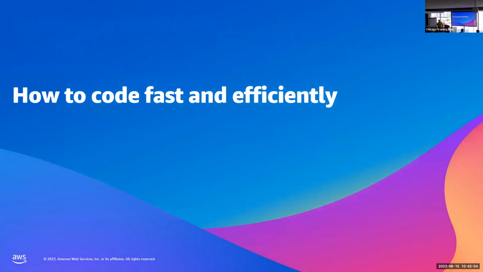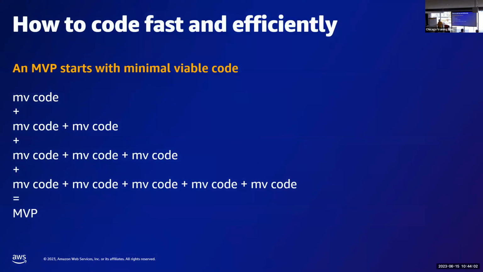So I'll touch a little bit more on how to code fast and efficiently too, since we've almost got everything we need. One thing that I like to use, I call MVC, which is short for minimal viable code. If you come from the world of development, we live in a world where we have to deliver minimal viable products. You know, just a minimal version that just works.